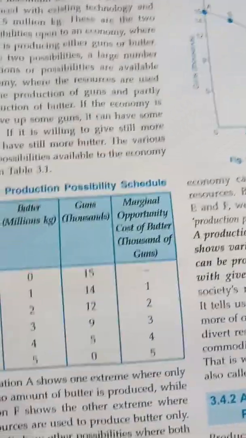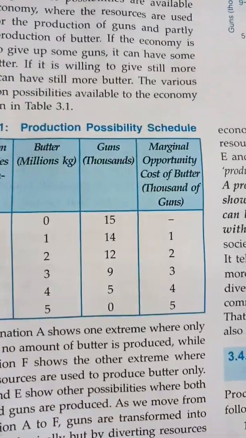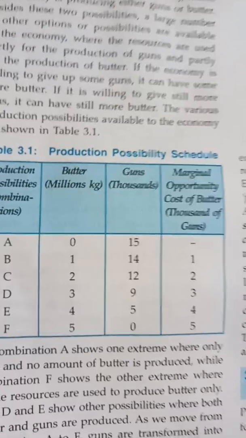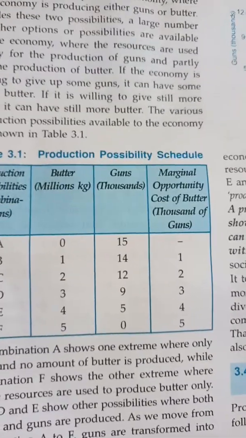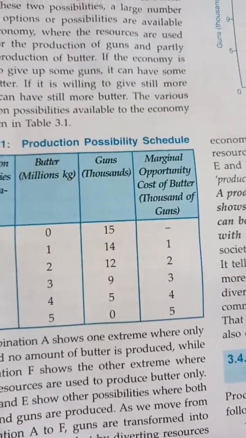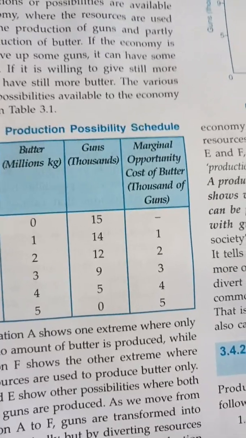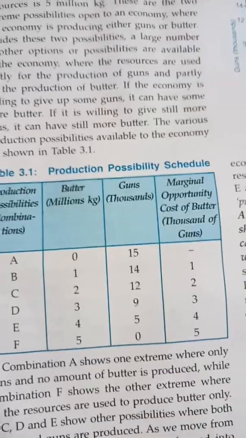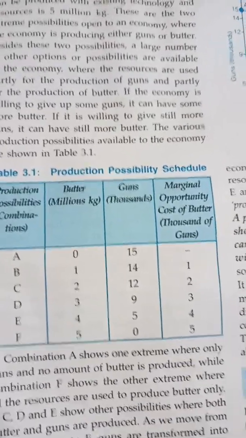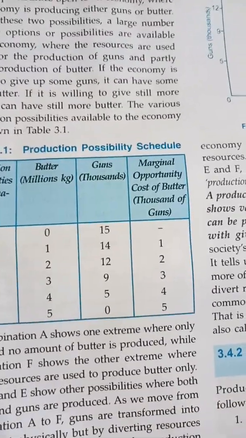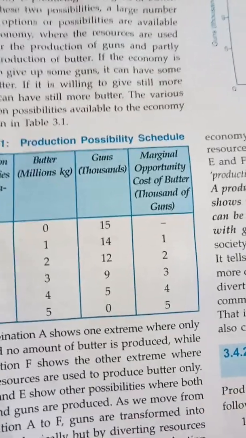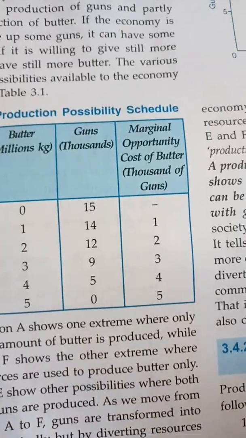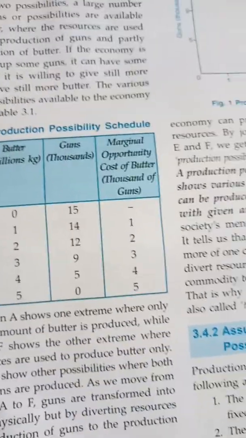Now here one thing: this marginal opportunity cost of butter, the amount of guns production which is to be sacrificed when one additional unit of butter production is added, is increasing gradually. See, 1 2 3 4 5, it is increasing.